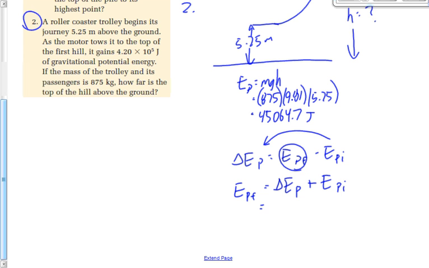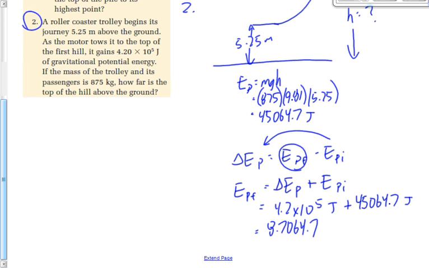So delta EP, what did it say? It was 4.2 times 10 to the 5. We're going to add to that the initial potential, which is 45 064.7. And that's going to be, give me what, 8.7064.7.